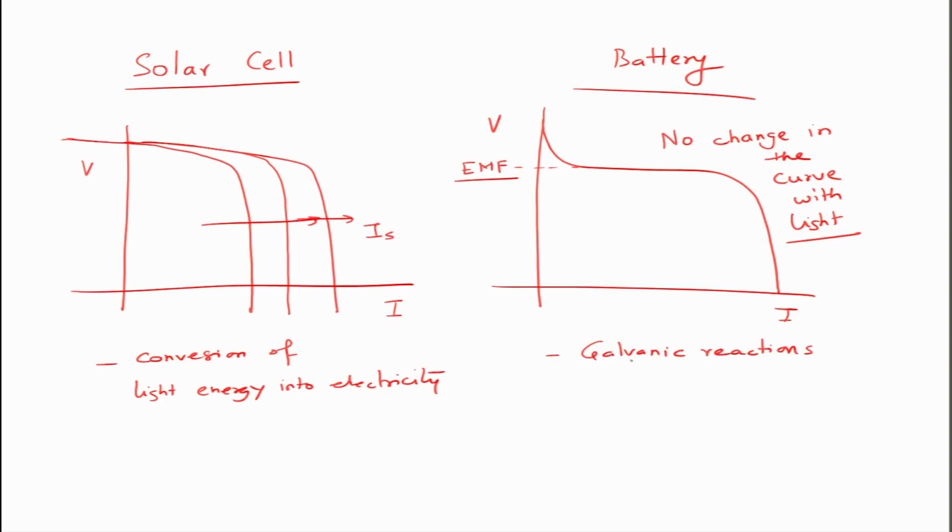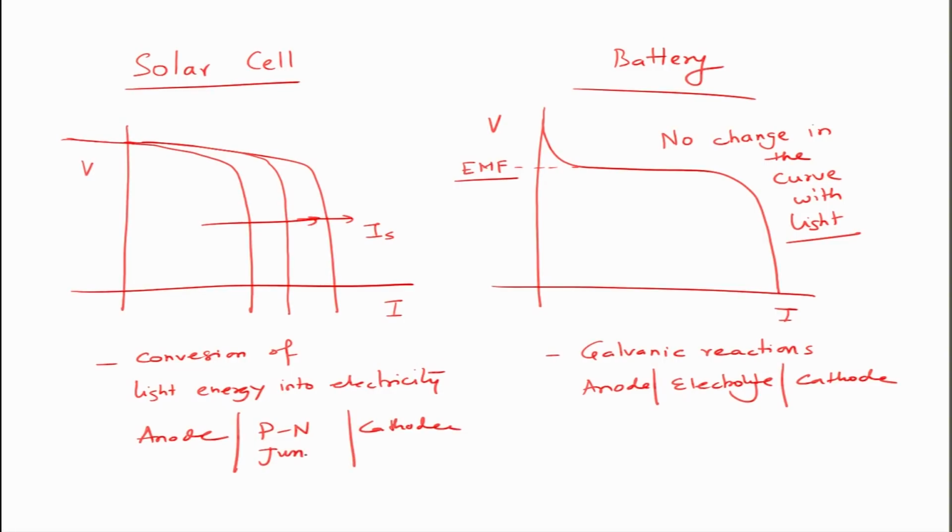A battery uses things like an electrolyte. So, of course, you have an anode and a cathode, but between the anode and cathode you have an electrolyte. In a solar cell, of course, you have an anode and a cathode, but in between we have a PN junction. These are the differences between a battery and a solar cell.